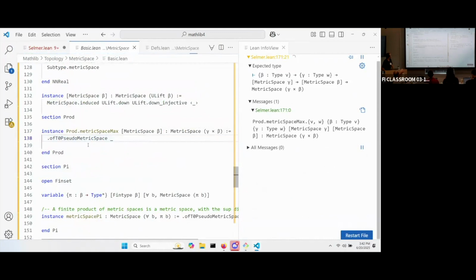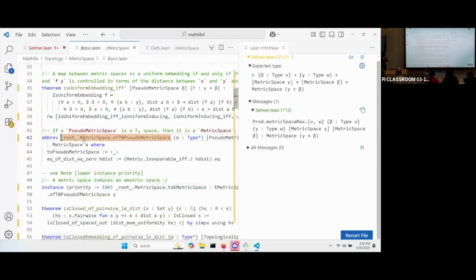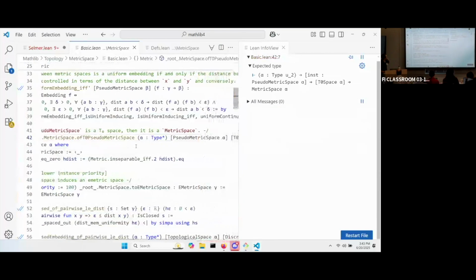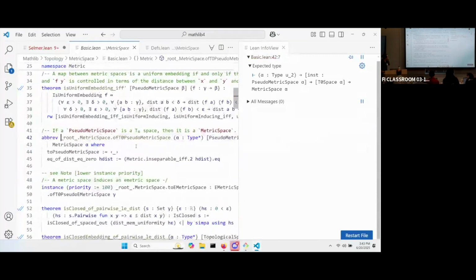Alex, perhaps one thing that also goes towards your question. Okay, well, it's loading. One important point is that this philosophy of forgetful inheritance goes hand in hand with the idea that all instances obtained by inheritance should just be forgetful instances.